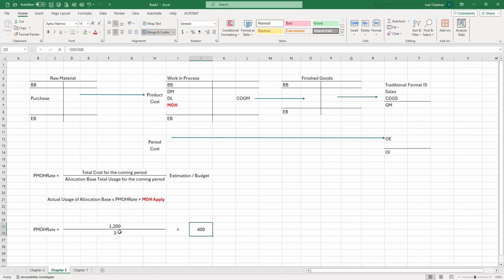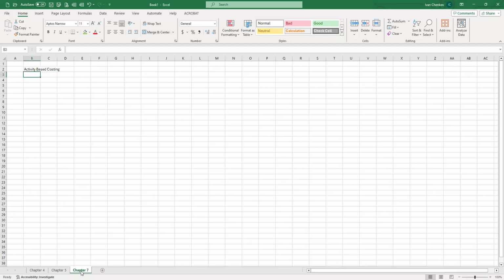That's the question we have to ask ourselves. So the question is, how can we make it fair? By observing the activities behind the process and trying to allocate the cost based on the activity used by different products, or different students in this case.